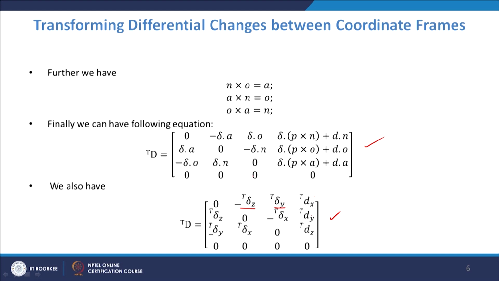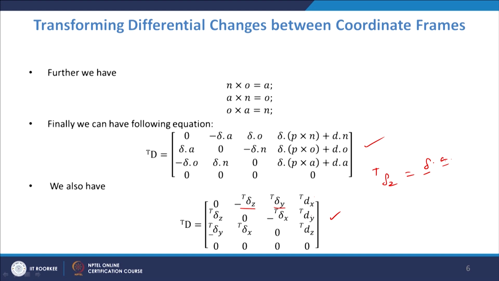So, if you compare the corresponding values here, we can easily see that the angular velocity about the z axis of the current frame is given by del dot a, where del is the rotational velocity with respect to the fixed frame and a is the vector in the T matrix.